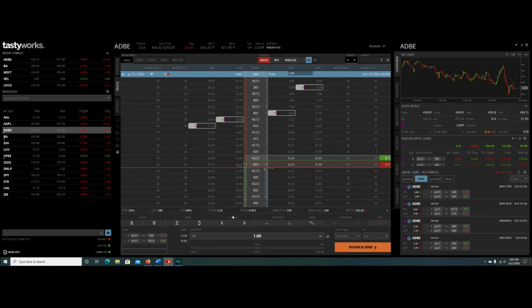This has a delta right here. I'm going to make a separate video. I realize I haven't even gone into the basics yet on what the Greek variables are, but just to give you a preview, this delta 2.18 is telling you for a $1 price movement, so if it goes from 426.92 to 427.92, this bullish put spread will gain $2.18 for a $1 price movement.